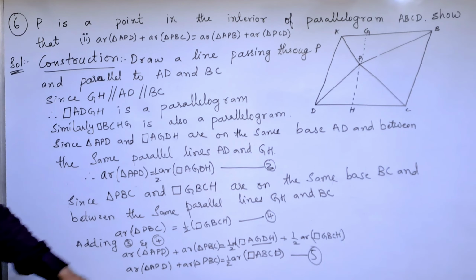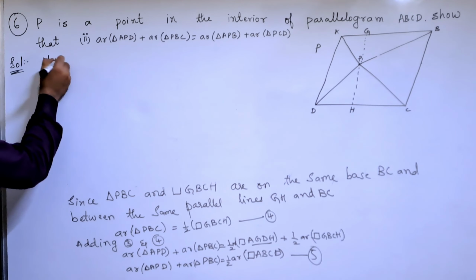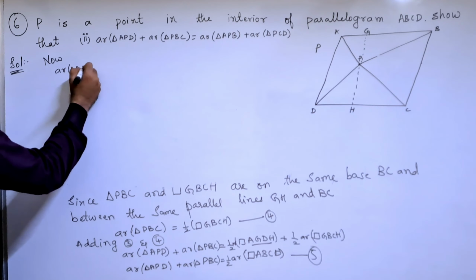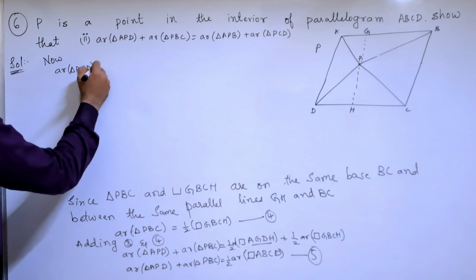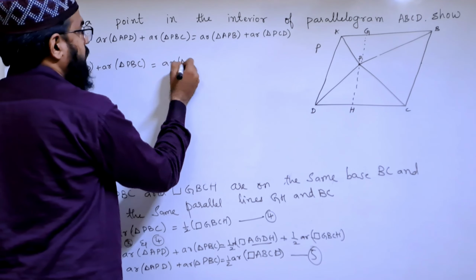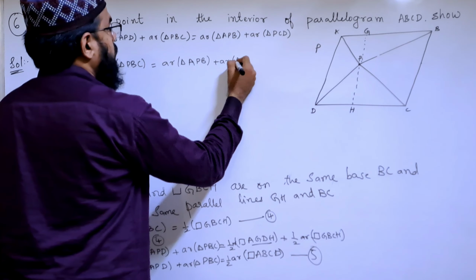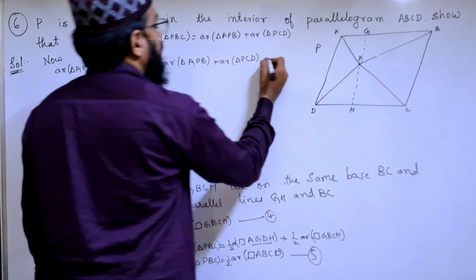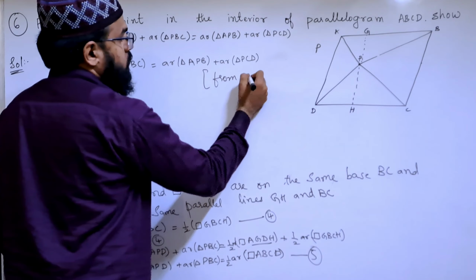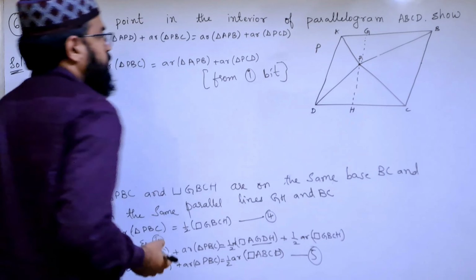From the first bit and this fifth equation, we can say that area of the triangle APD plus area of the triangle PBC is equal to area of the triangle APB plus area of the triangle PCD. These are equal. Hence proved.